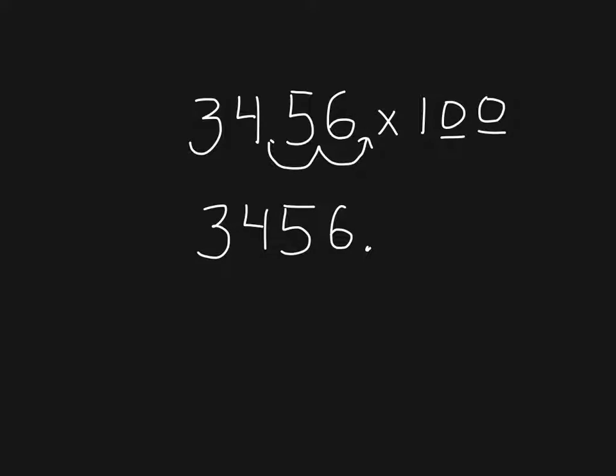Now if I wanted, I could leave that decimal there, but no one really puts them right at the end of a number, unless there's places after. And since this is a whole number, I'm just going to erase this decimal. So 3,456. And let's try one more, multiplying by 1,000.